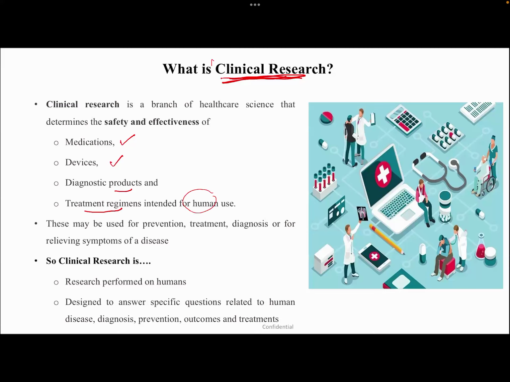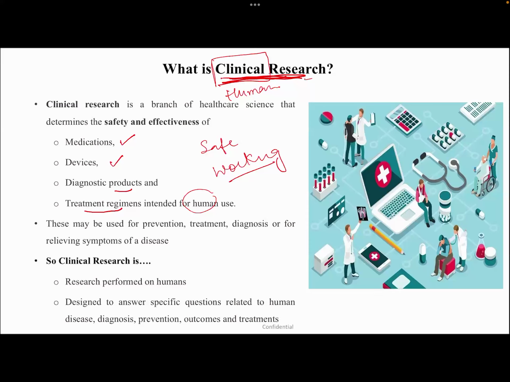The word clinical means human. So whenever we want to discover new drugs, devices, diagnostic products, treatment regimes for human use, that is known as clinical research. Now we have to see whether it is safe and whether it is working. These are the two things we do under the research.